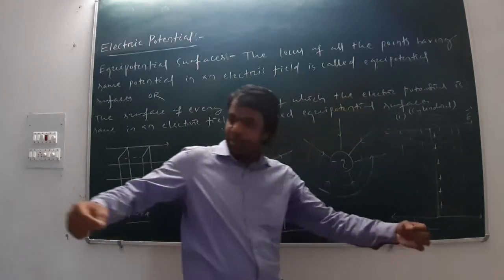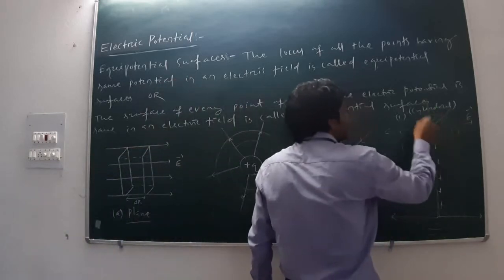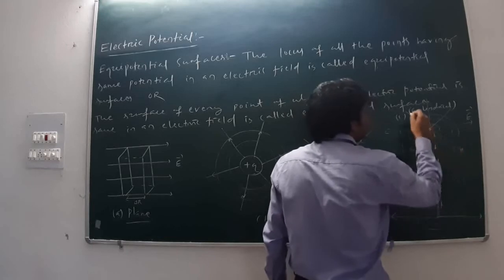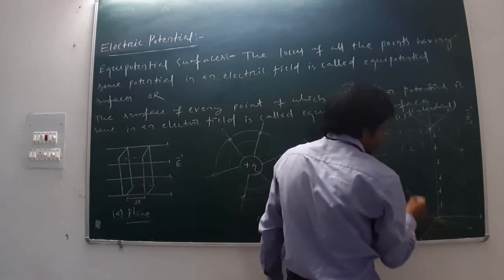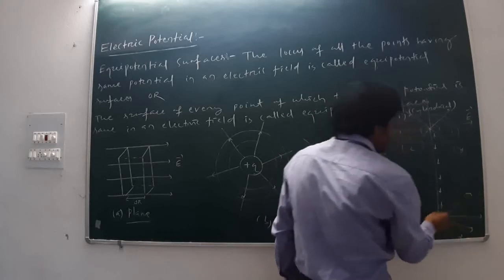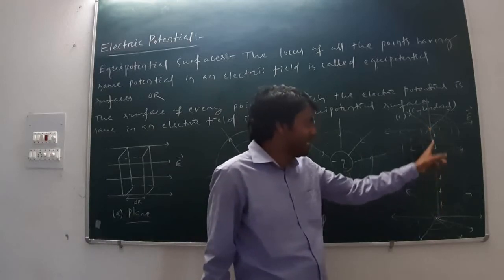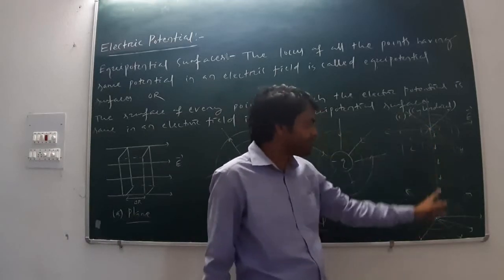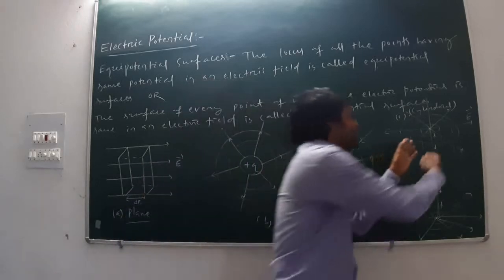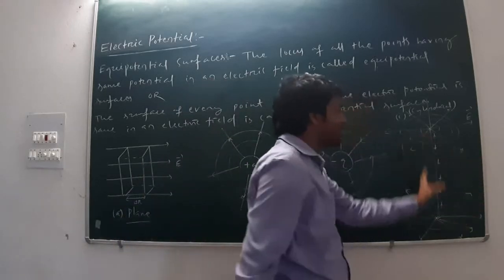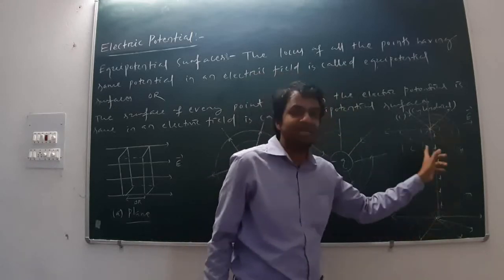The spherical shape holds for both positive and negative point charges. For a linear charge body, the equipotential surface is cylindrical in shape, like this. This is a linear charge, and the electric field lines are directed away in this direction. Then the locus of the points is cylindrical in shape.